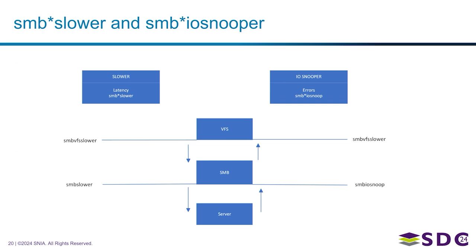One is VFS related scripts and the other is SMB slower. The VFS related scripts work at the end of the VFS stack, on the calls that happen between the VFS and SMB layer, and SMB slower or SMB IO snoop works at the end of the SMB layer, where we actually transmit the data over the wire from SMB.